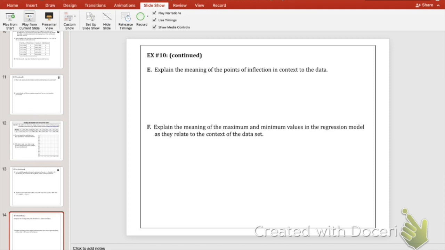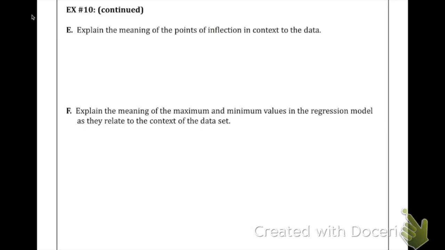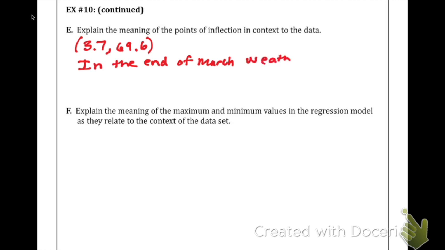Okay, so let's write this out. Explain the meaning of the points of inflection. So our first point of inflection was at 3.7-ish, if we round it. It was about 69.6 at our midline. So that means at the end of March, getting close to April, our weather warms up.